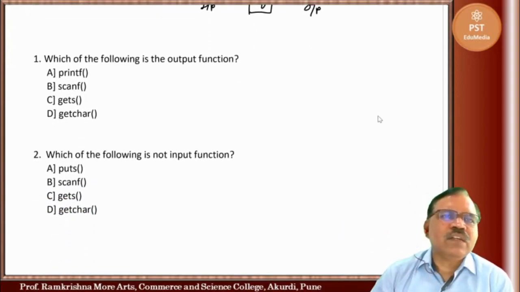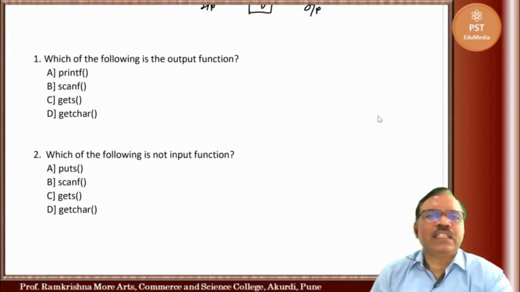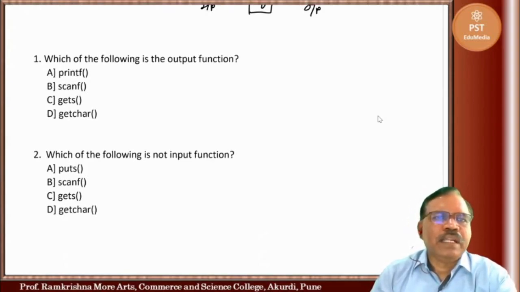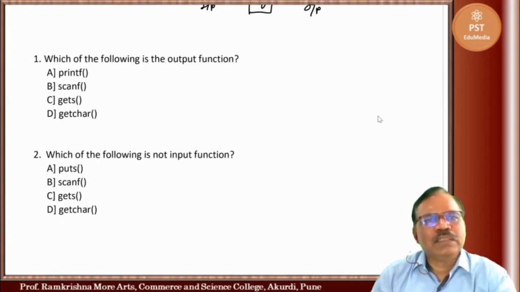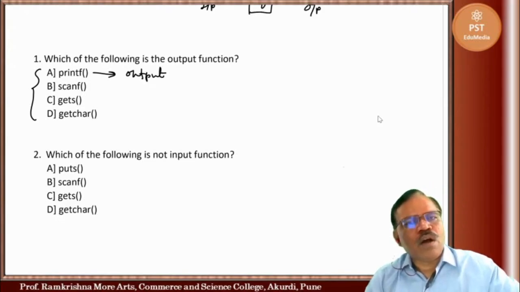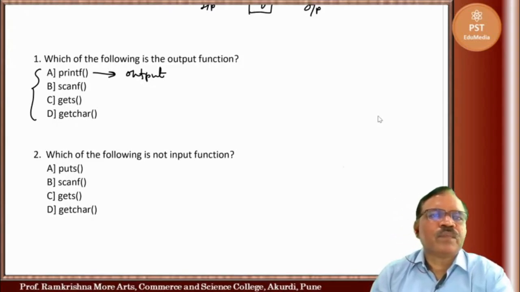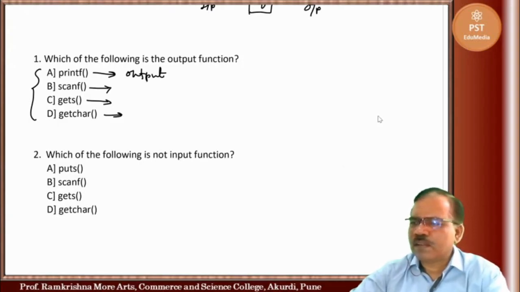Which of the following is the output function? printf, scanf, gets, getchar. Out of these four, printf is the output function used for output. scanf is an input function, gets is an input function, getchar is an input function.